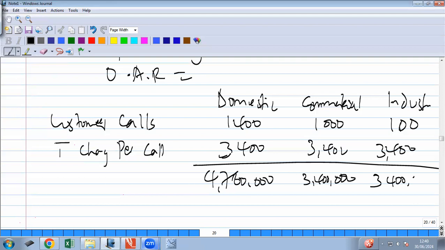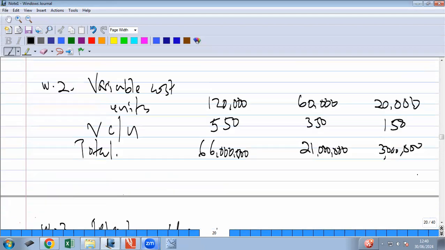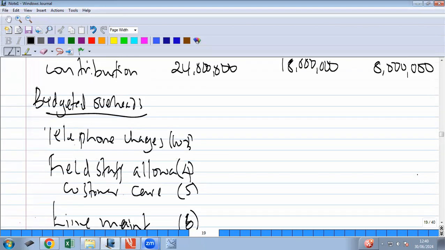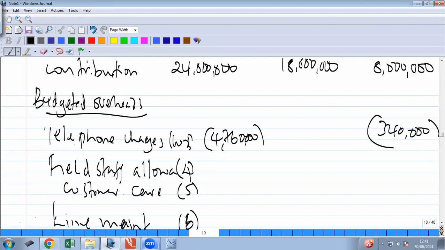It's just 340. Like this. I transfer them here. We have telephone. It is 60 in bracket, then the remainder is 340 and 3.4.